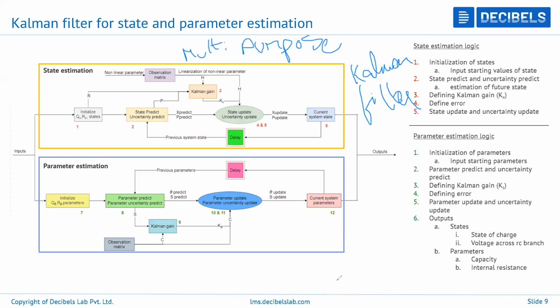It is also very useful from the BMS application point of view, because this is not your traditional Kalman filter, which takes more time to converge. We'll come to that point a little later. It has some distinct advantages over the regular extended Kalman filter.